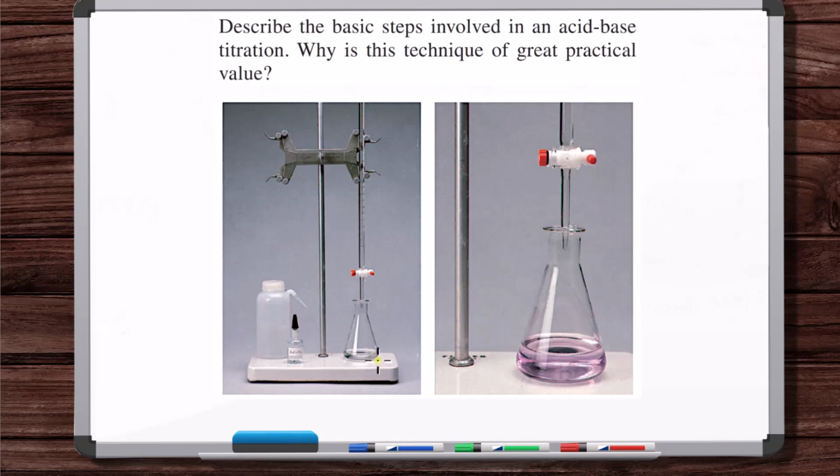As the solutions are mixed, the corresponding acid-base neutralization reaction that the titration is centered about takes place. In this case, the hydroxide ions from the burette solution are going to interact with the H+ ions from the flask solution, and they're going to neutralize. They're going to come together to form just more water.